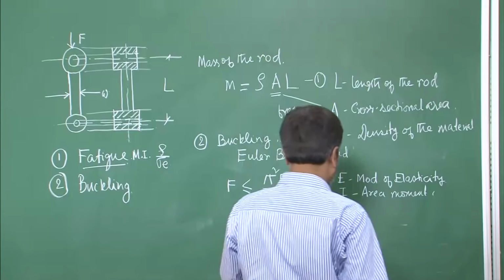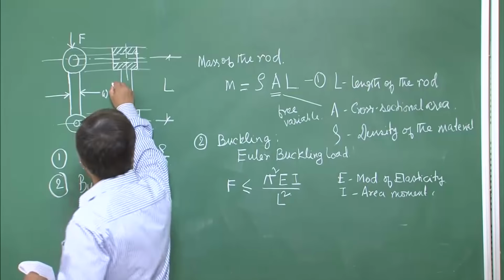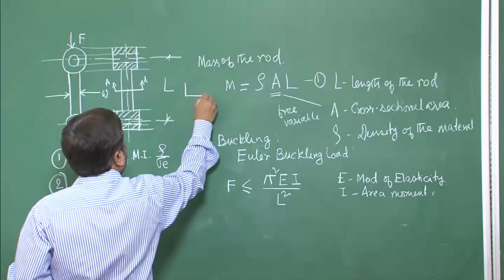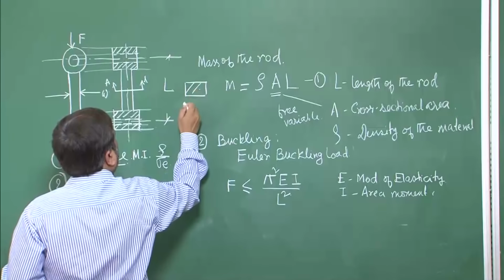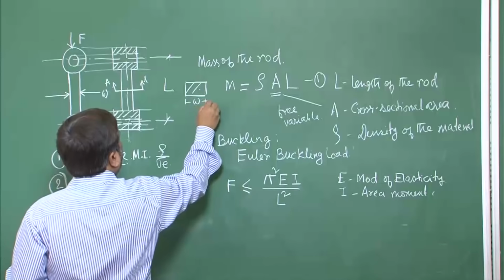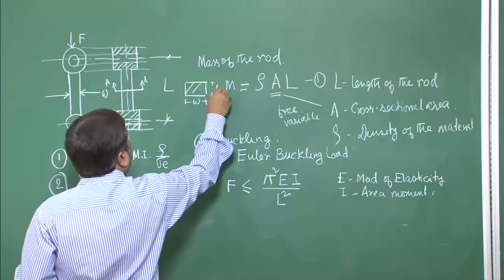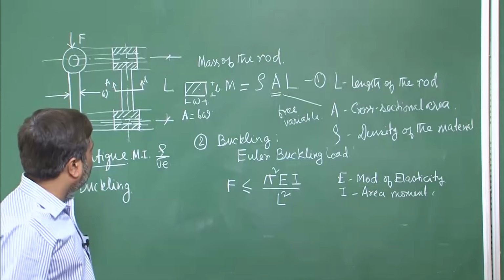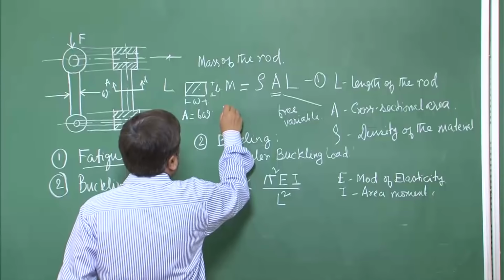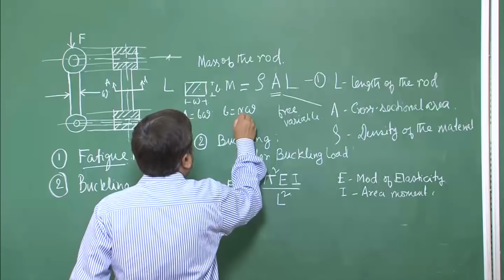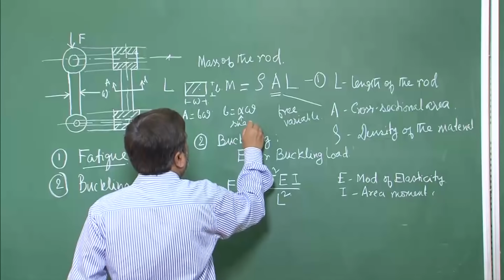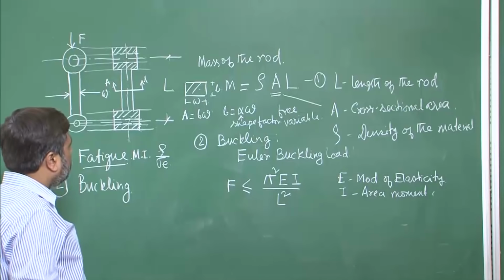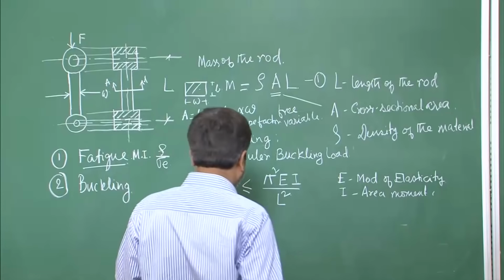So, if you think of the cross section here, suppose the cross section is such that this is W and this is B, then area is BW. Of course, there are many applications where B and W are related, like B equals alpha W, where alpha we call a shape factor. So, area is BW and B is alpha W, we can keep that in mind.